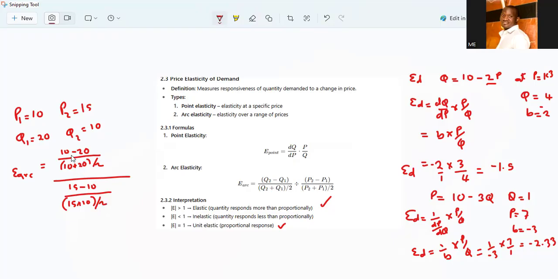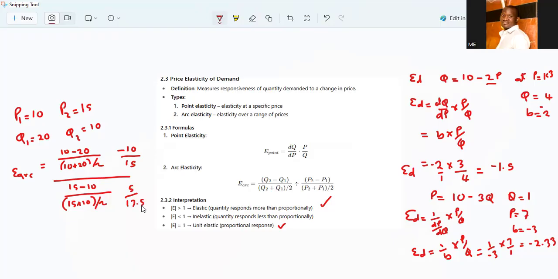So on top here we're going to have negative 10. This is 30 over 2, which is 15. Then here we have 5. Then this is 35 over 2, which is what? 17.5.